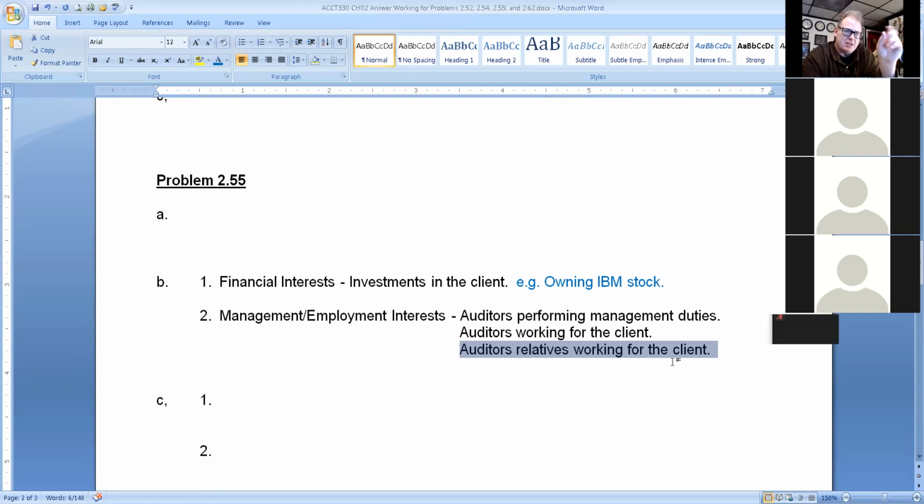So there is a reasonableness thing here that is only for people in what the term is, key positions.